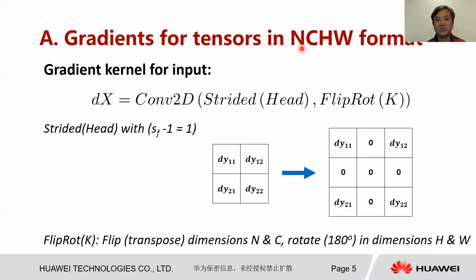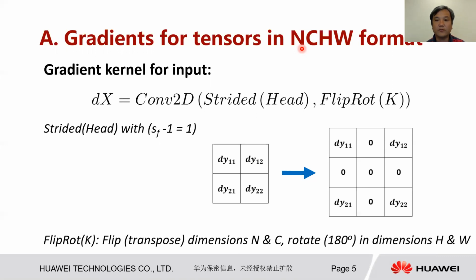If the forward operator has the stride SF, the number of inserted columns and rows between each column and row in y hat is SF minus 1. Here we have an example where the forward stride was 2. When the forward stride is 1, the strided y hat is the identity operator.